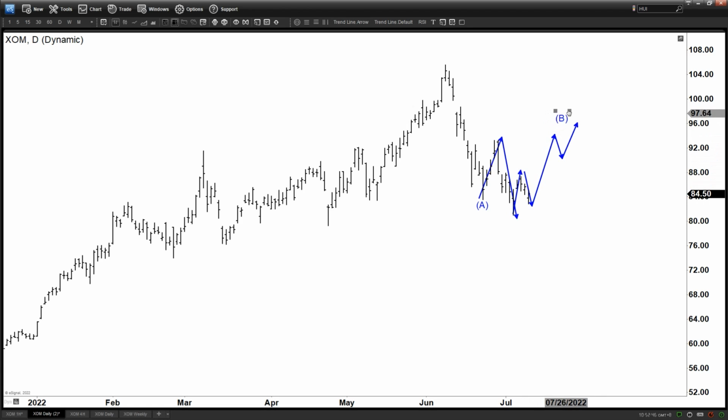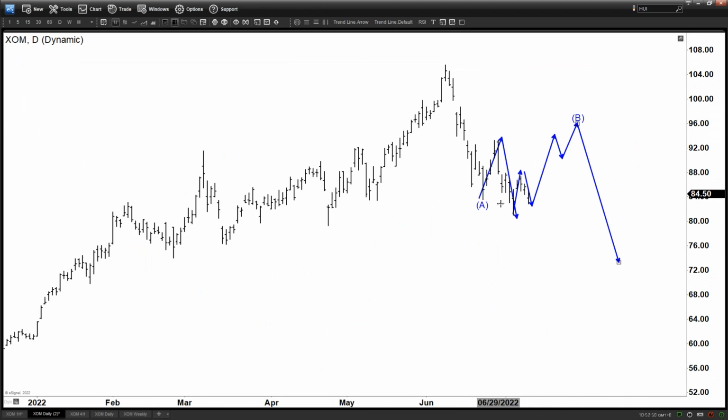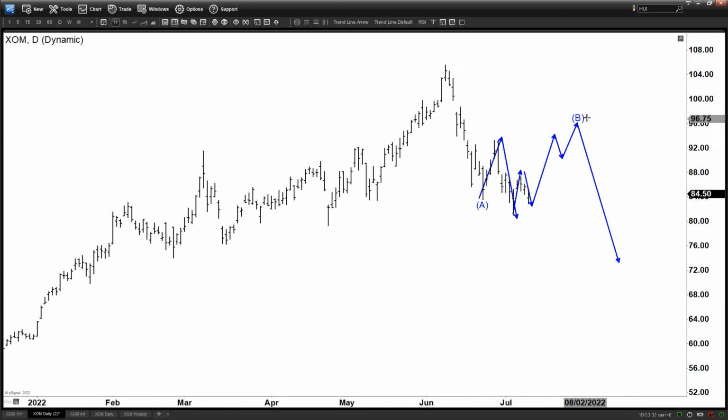In that kind of expanded flat scenario, yes, this rally can extend and it can even break above here, above this 93.26, before going down. But because of the lower low sequence with a divergence, it suggests that at the end of the day, more downside is likely. But there are at least three possible outcomes.